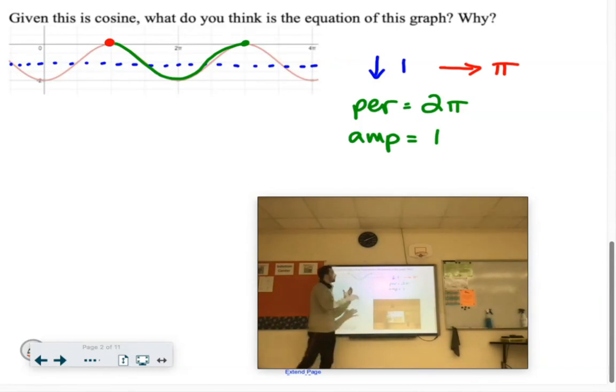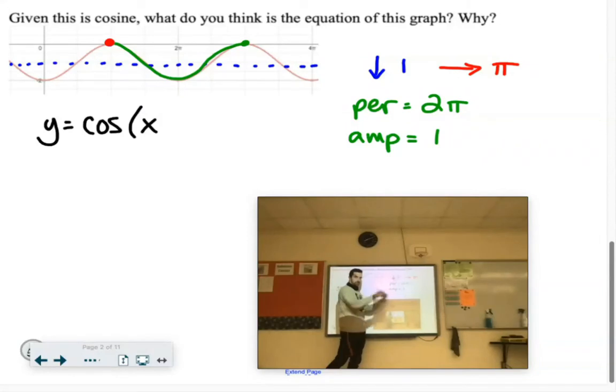All right, we have all the information we need here. Our a is 1, so it's going to start off y equals cosine of x. And if the period were to change, which it didn't, that would be our b, so that would be between the cosine and the x. But we have a horizontal translation.